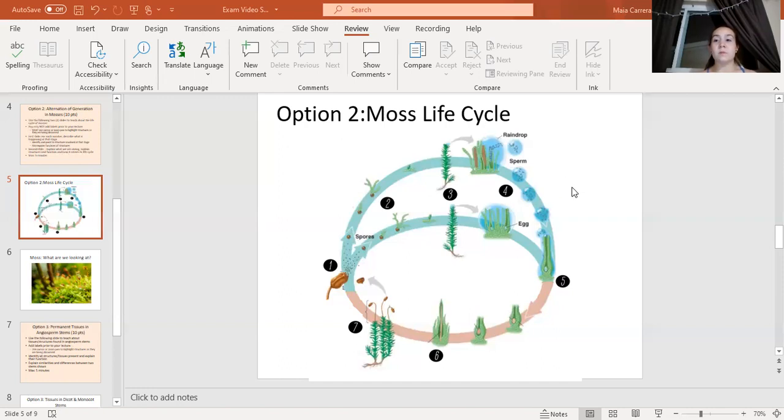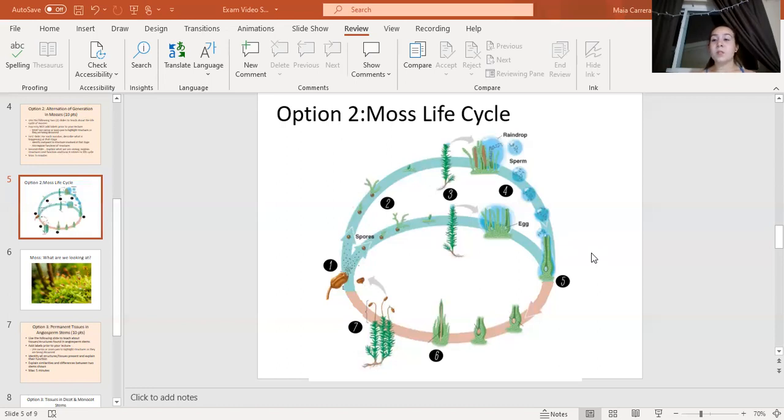Now, of course, you can assume why plants have adapted the fertilization process to be like this, and that's because if the weather were to dry up, or let's say it was too windy, and the wind blew all the raindrops away from the female archegonium, then that would mean that there would be no moss being produced because there would be no sperm able to fertilize the eggs.